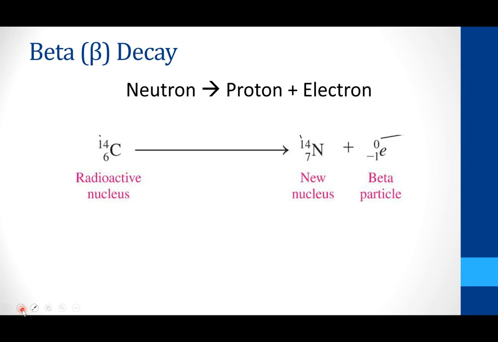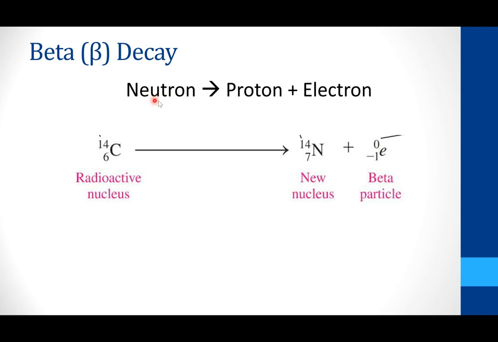So balancing a beta decay, here is our radioactive isotope. When this carbon-14 undergoes beta decay, we're going to emit a beta particle. Again, the mass number doesn't change, but the number of protons does change.